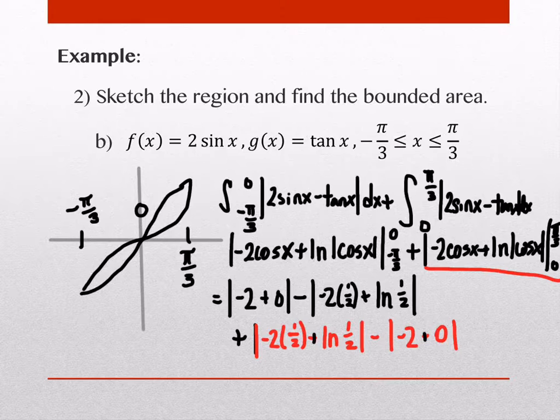Okay. So the first piece is -2, and the absolute value of -2 is 2. Minus, so what I have is -2 times 1/2, which would be -1. Is the natural log of 1/2 bigger or smaller than the -1 I already have? It's -0.69.